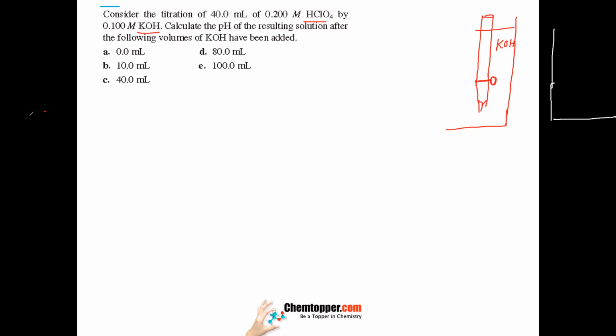And there is a conical flask here. So what's there in the conical flask? Conical flask has HClO4 here. How much volume of HClO4 in the conical flask?